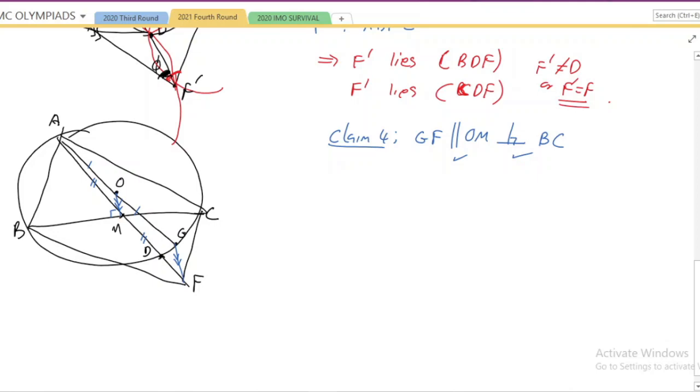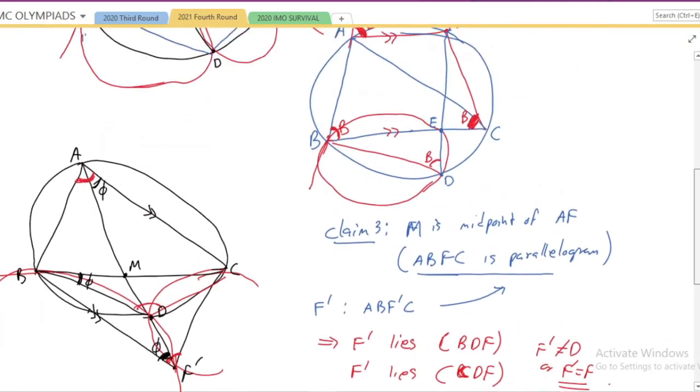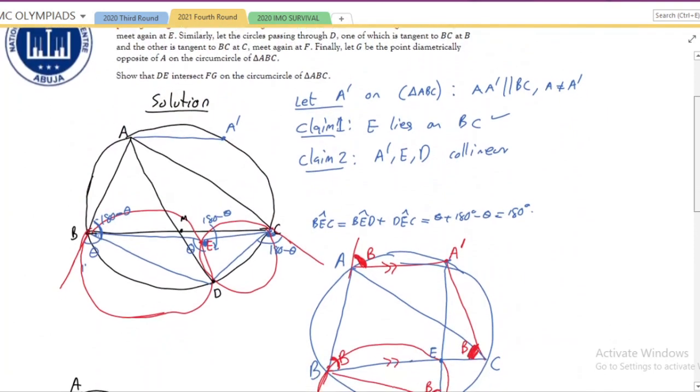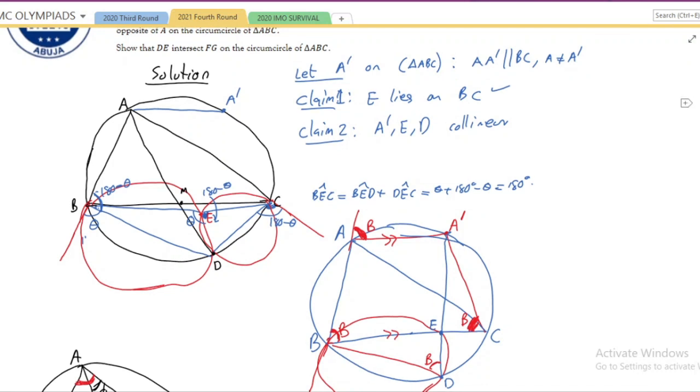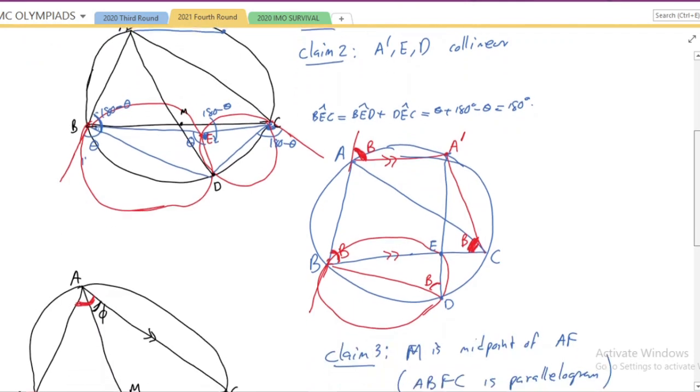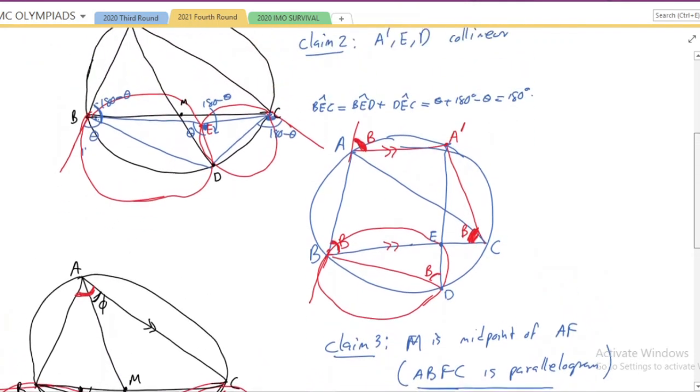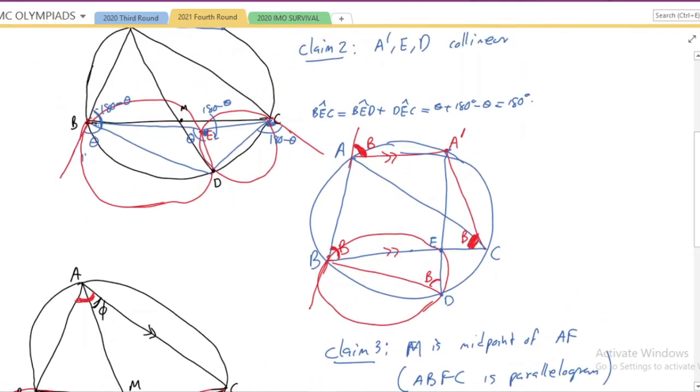Alright, so now finally we try to put everything together. So now let's go to the last, the main problem. So we want to show that DE and FG intersect on the circumcircle of ABC. And now we know that DE meets the circumcircle of ABC at A prime.